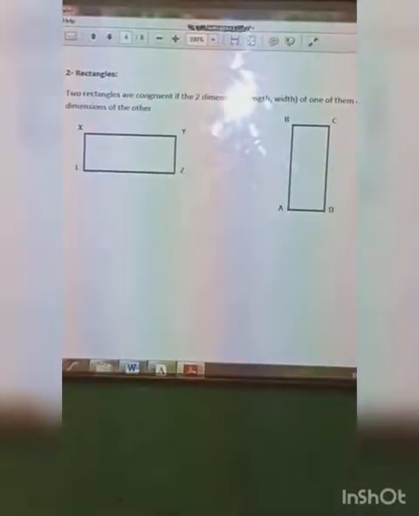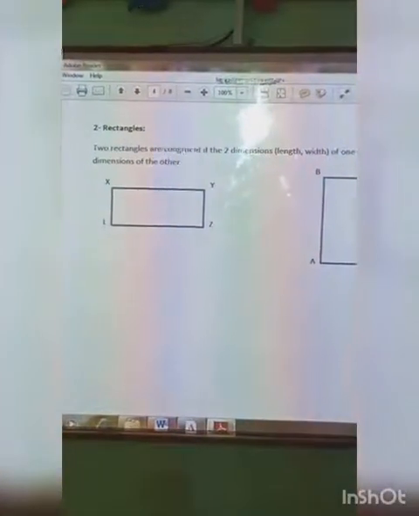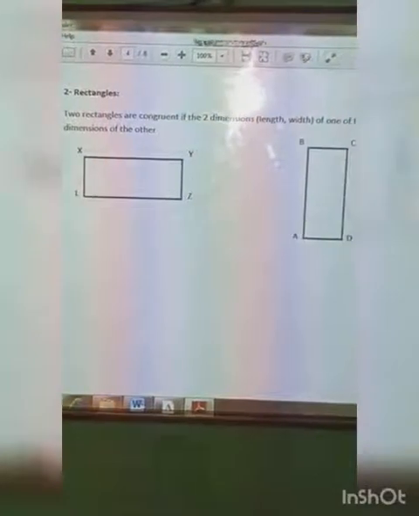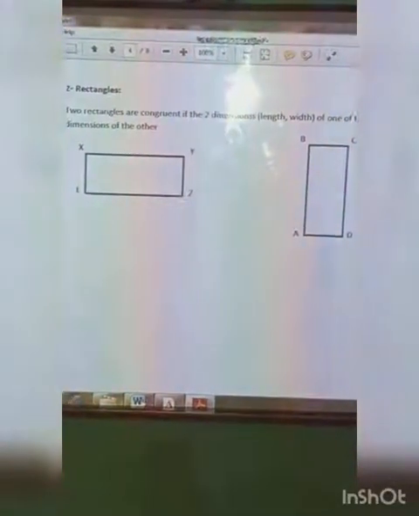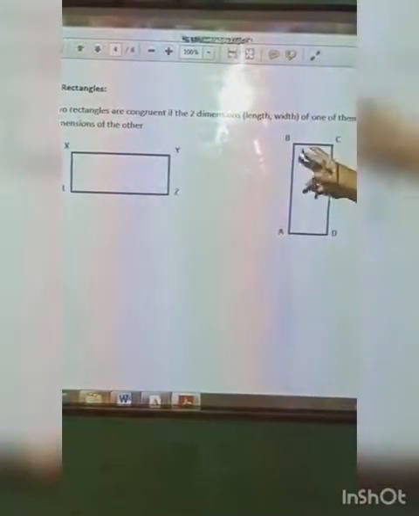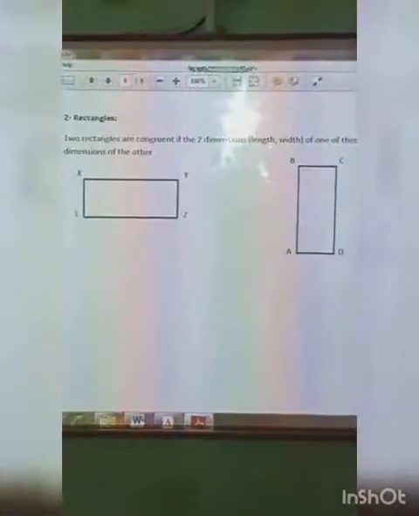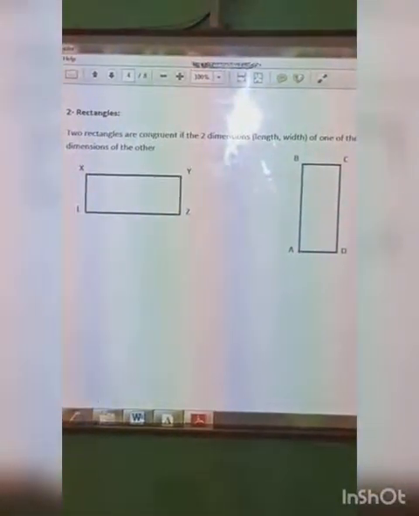The case number 2 is for rectangles. If we have 2 rectangles like X, Y, Z, L and A, B, C, D, we can say that 2 rectangles are congruent if the 2 dimensions, length and width, of one of them equal the 2 dimensions of the other.